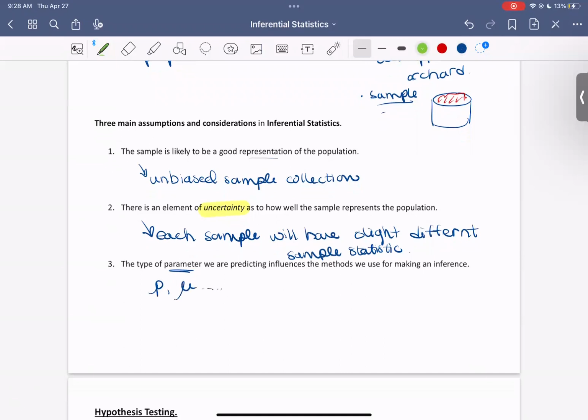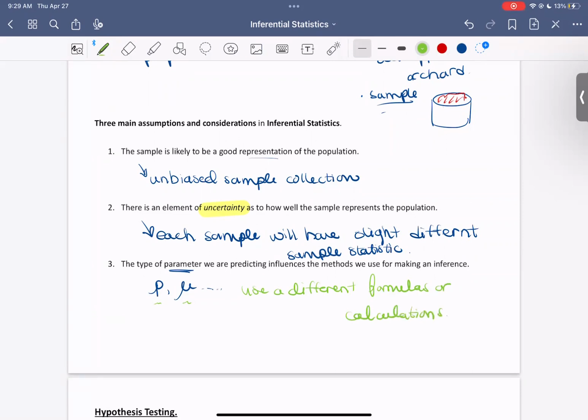Based on which type of parameter we're using, we're going to use a slightly different method, or rather, calculations. The method we're going to see in a bit, hypothesis testing, we can use for all of these different parameters, but the calculations involved use slightly different formulas.